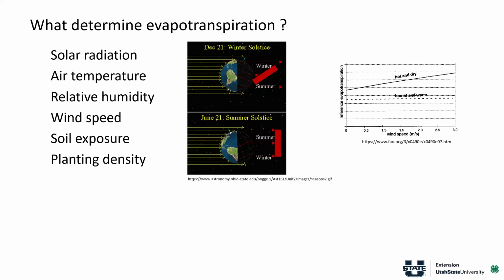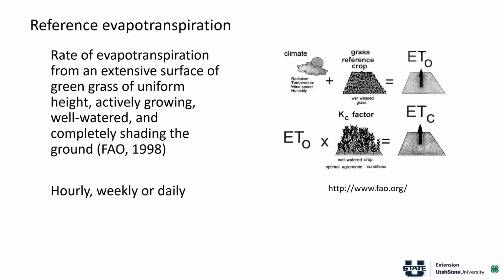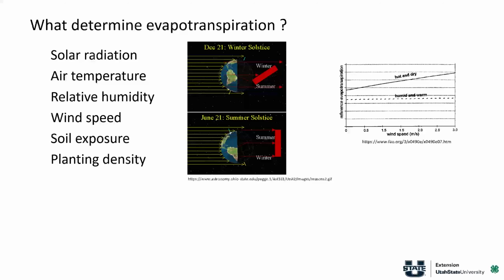Planting density, again, if we have more, dense plants, there might be more transpiration and hence more evapotranspiration. And if there are fewer plants, less transpiration. So those are the factors that go into calculating the amount of water that is evaporating and transpirating.